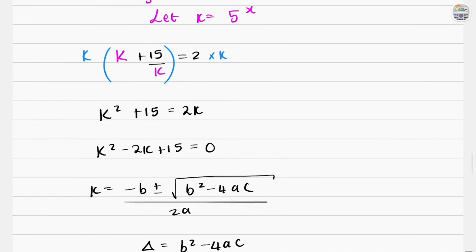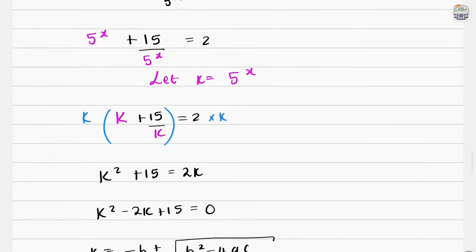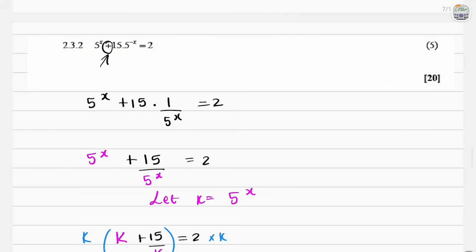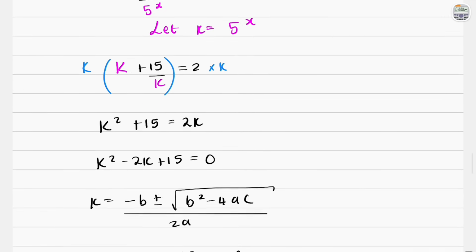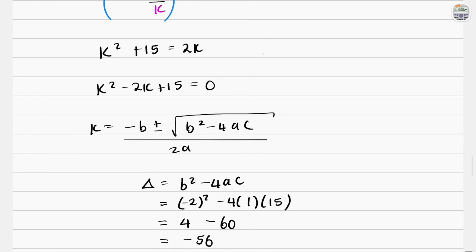I think the problem with this question was the sign that was used. I think this should have been negative, because then it would be negative all through. We would have an expression that says k squared minus 2k minus 15 is equal to 0, and then we can solve for this.